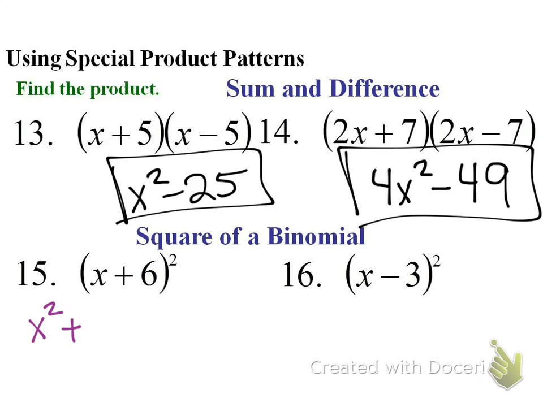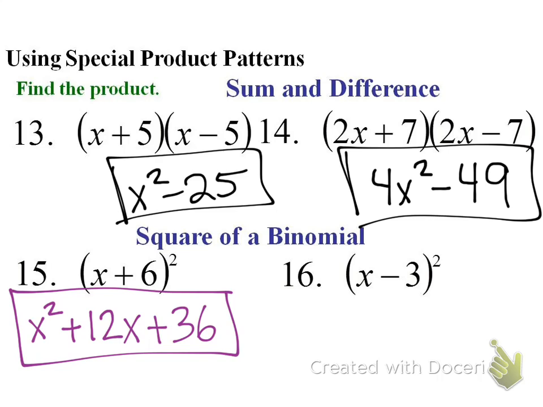So 2 times x is 2x times 6 is 12x. And then you just square the last term. Now, if you wrote that out and double distributed, this would be your final answer. It would just take you a little more time. So like I said, these are basically just ways to save time. Does anyone know, without writing it out, how 16 would work out?